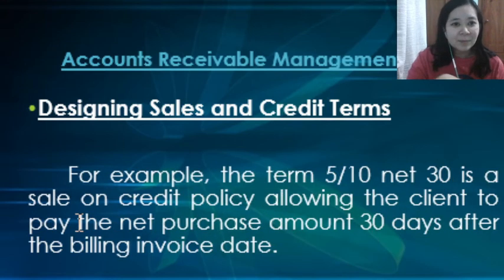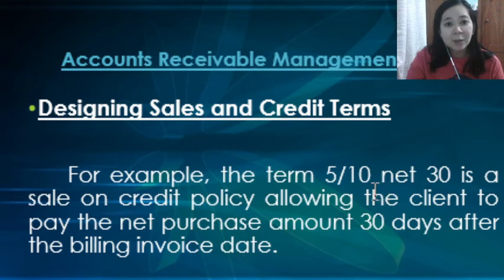So for example, the term 5, 10, and 30. This is a sale on credit policy. This means that you allow your client to pay the net purchases for 30 days after the billing invoice date, or if they pay within 10 days, they will get a 5% discount.